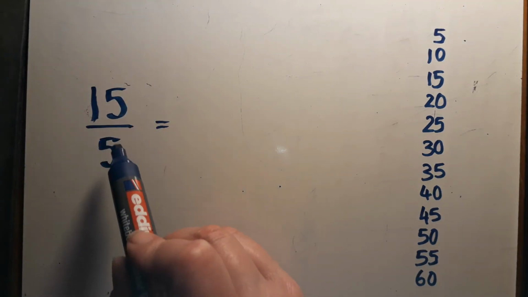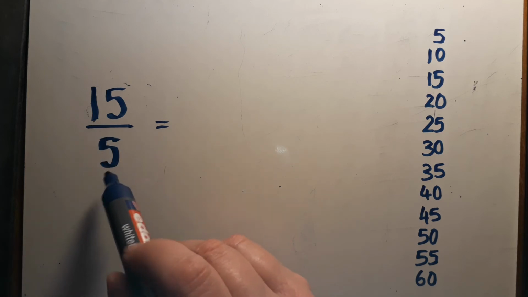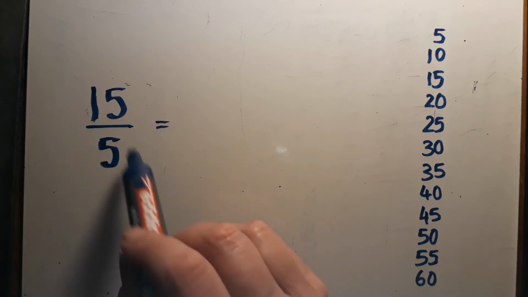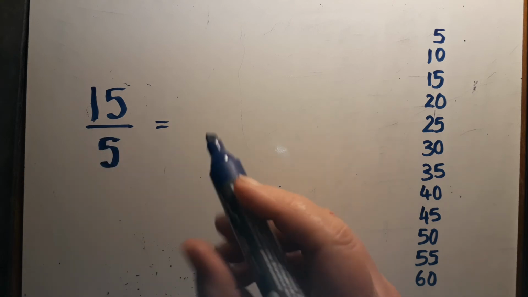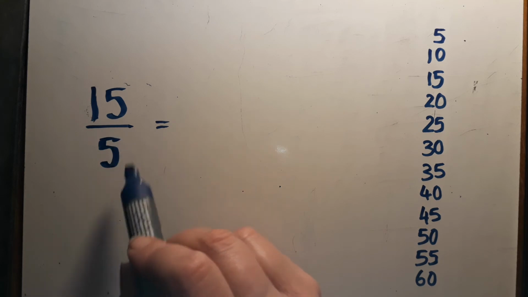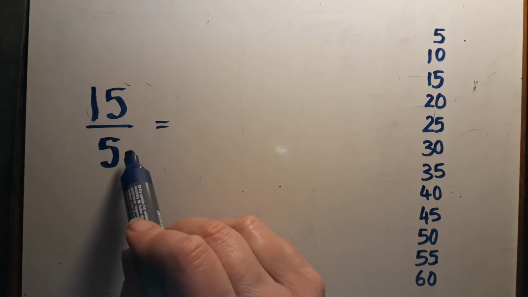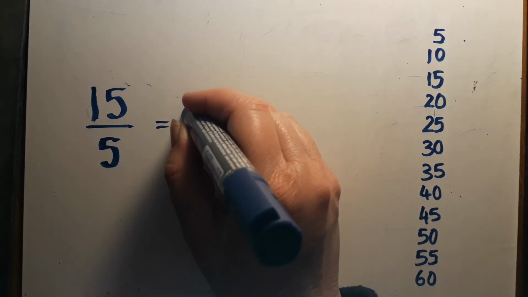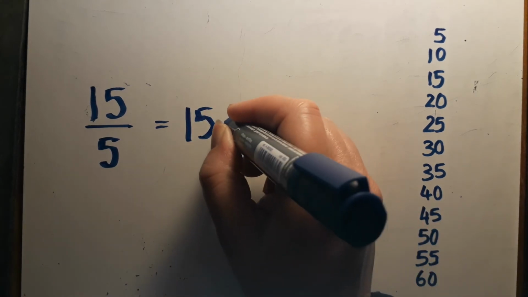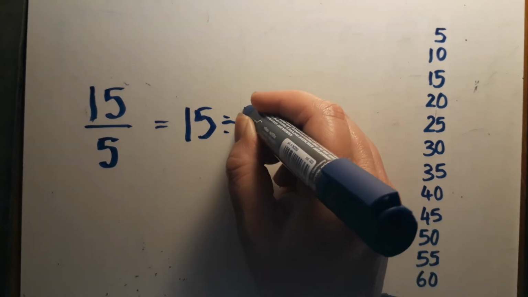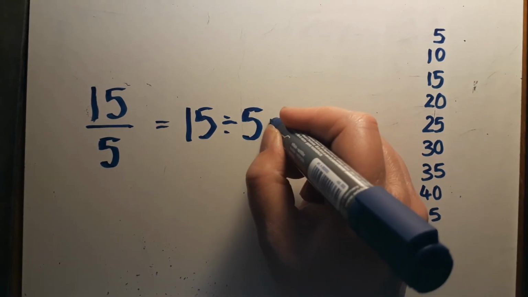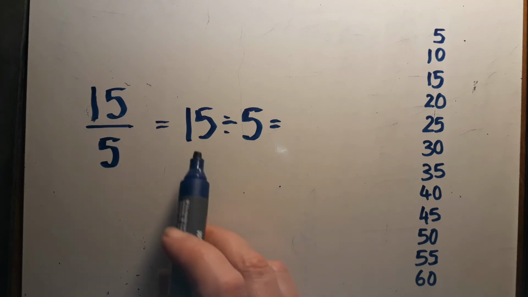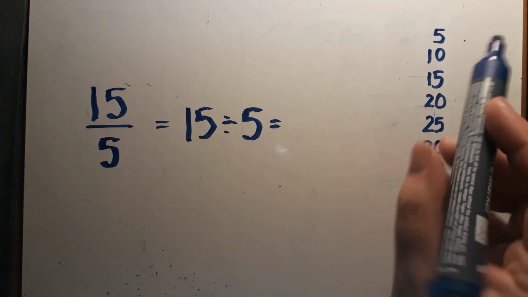So I've changed my denominator now so that my whole is in fifths. Okay, so if I wanted to work out my equivalent mixed number, how many whole ones I could make, I would need to do 15, because that's the amount I have, divided by the whole, which is groups of 5, because we're in fifths, and 15 divided by 5.